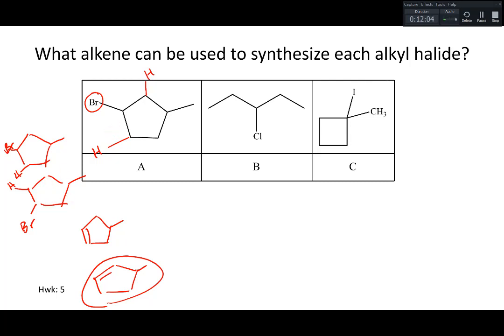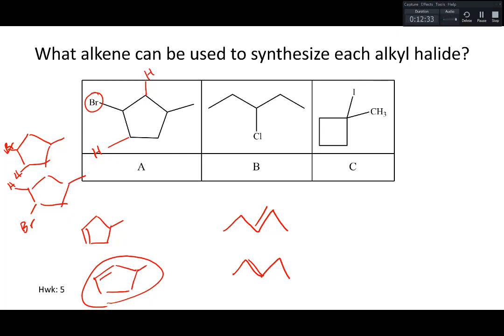Let's take a look at B. And for B, you're going to have maybe an alkene like that, or an alkene like this, okay? And there really are no other choices. And in this instance, you notice this is secondary, and that's secondary, that's secondary, and that's secondary, and it's not symmetric.